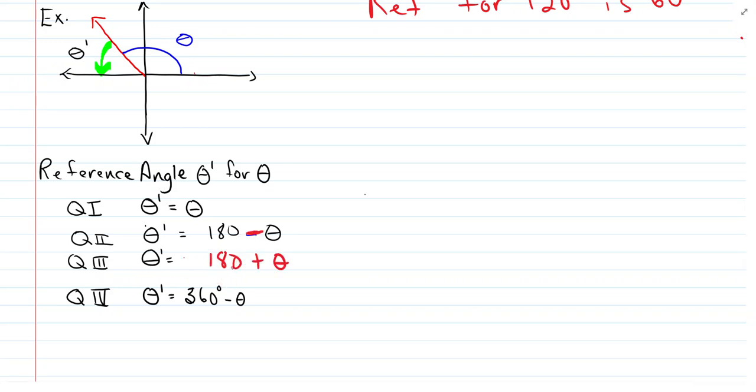For quadrant 3, it's theta minus 180, so here it's 180 minus whatever that is. Down here it would be theta minus 180. And quadrant 4 is 360 minus theta because you'd be right here. Remembering that, all our problems are going to be working with reference angles. So let's go look at those.